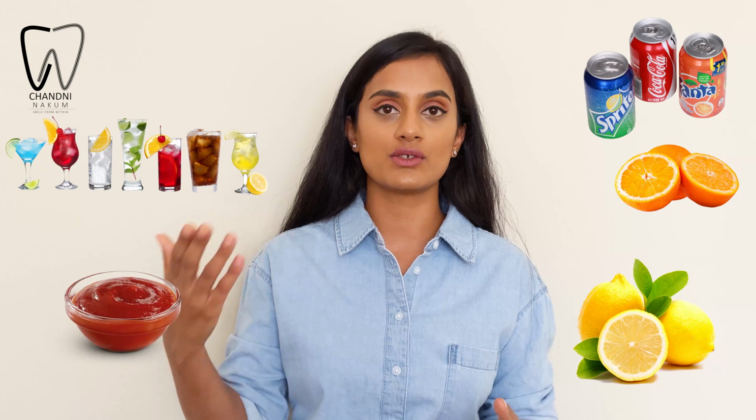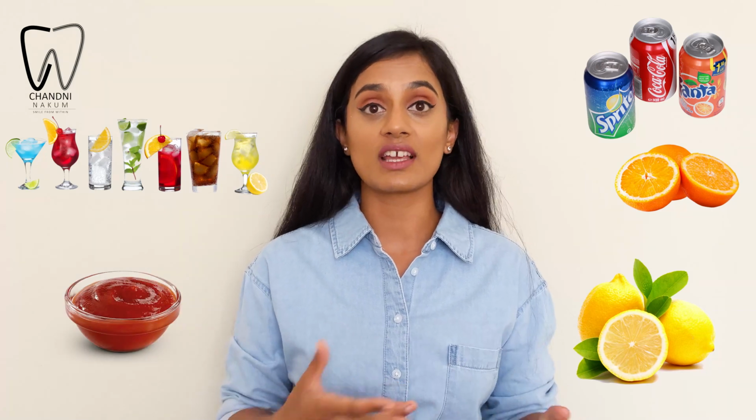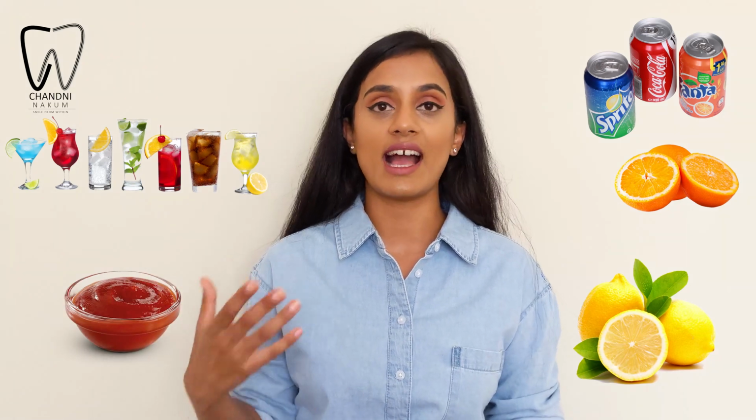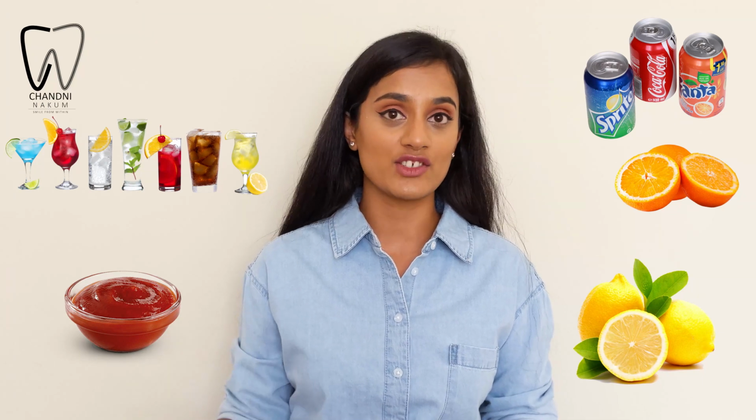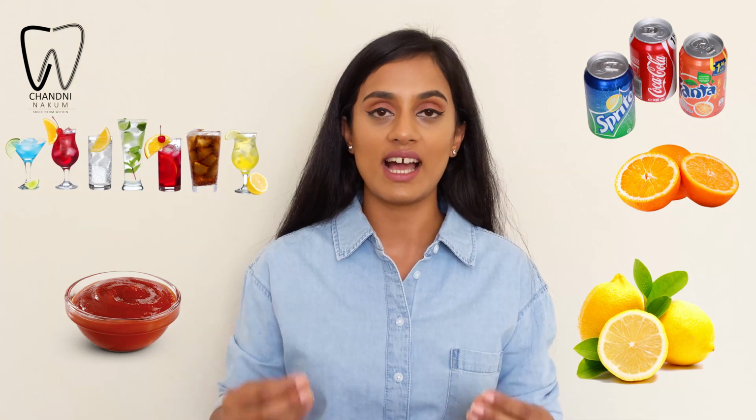So if the diet can contribute to your dental erosion, then is there anything in your diet which can help to prevent the dental erosion? So like I mentioned, certain foods and drinks which are acidic can increase your chances of erosion. So things like fizzy drinks, alcohols, flavoured fizzy water, and even ketchup, because they all contain acids.